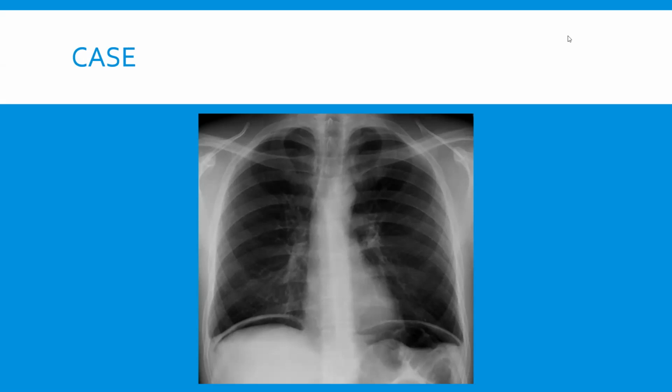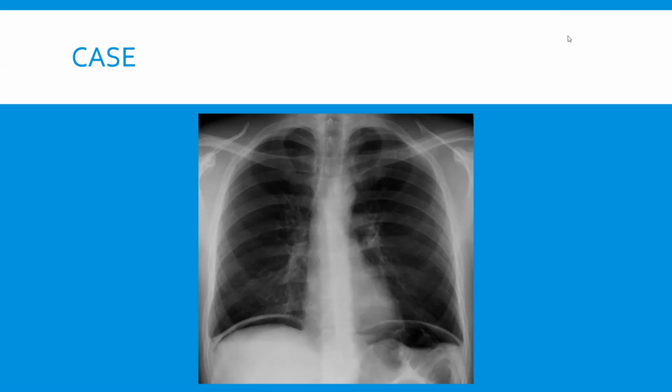Carrying on, the trachea does look slightly deviated to the right, but I'd say that was normal, though I could be wrong. The lung markings, I don't see any signs of pneumothorax or anything like that. The hila look normal.